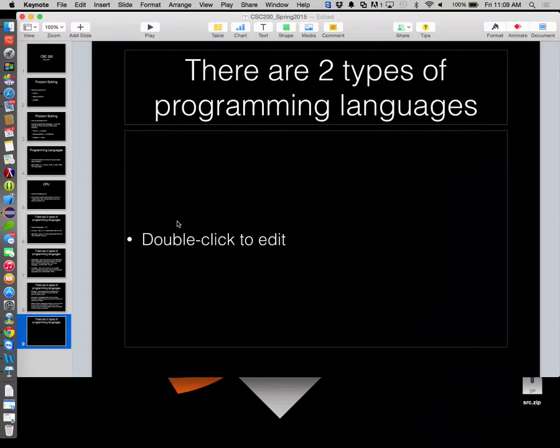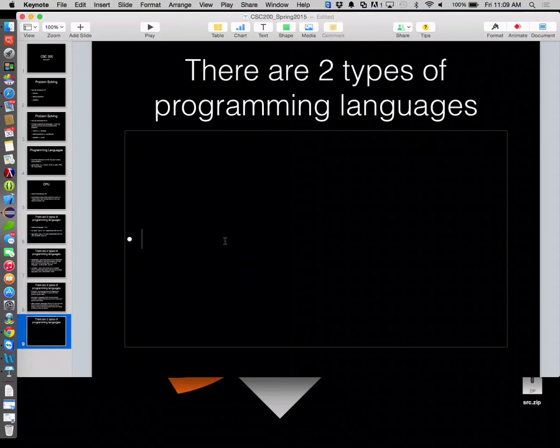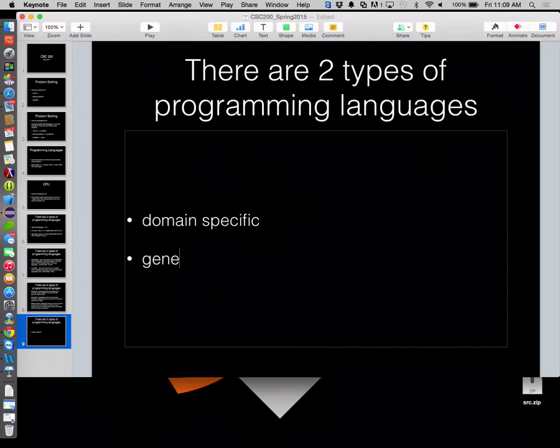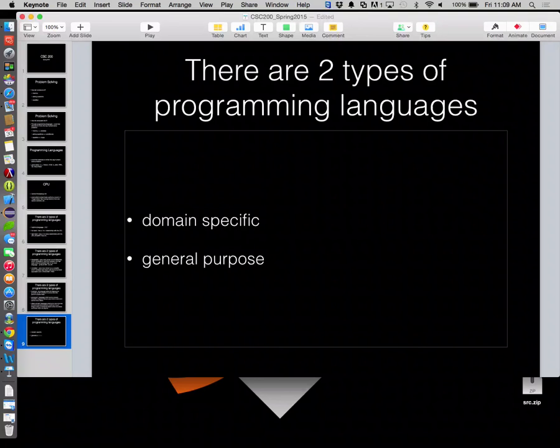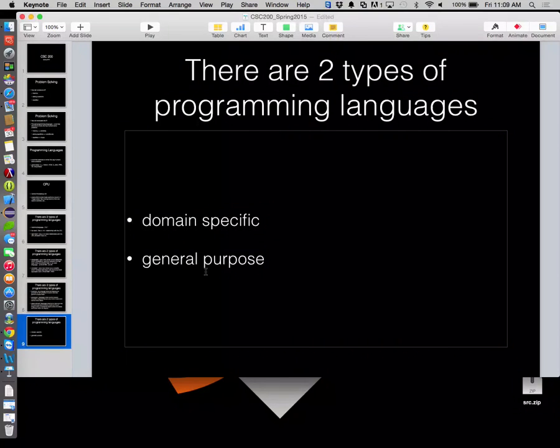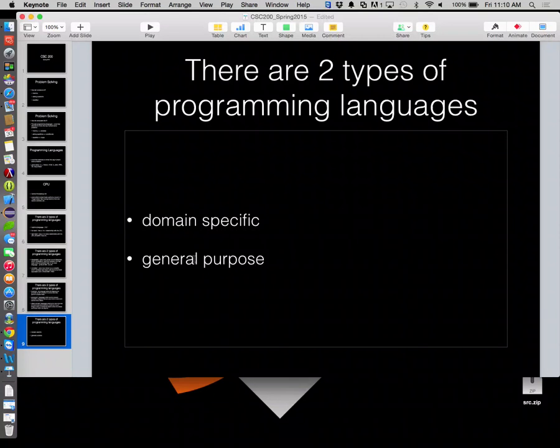There are two types of programming languages: domain-specific and general purpose. Okay, these are the types of problems that the programming language is designed to solve.